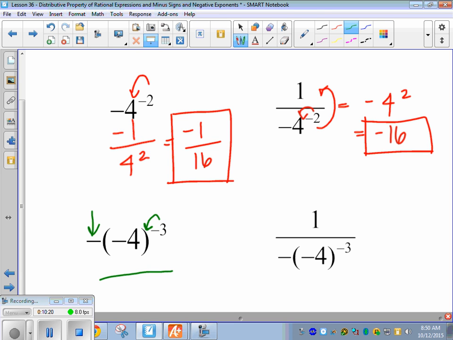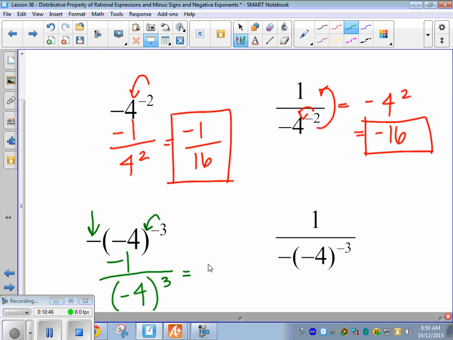So if I want to do this one, I'm going to move everything in the parentheses down into the denominator, and it's going to stay in those parentheses. So -4, and that 3 is going to turn positive, but I still have this negative on the front, so it's going to be a -1 in the numerator. We always want to rewrite these before we put a final answer, you guys.